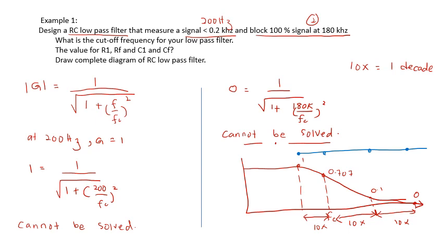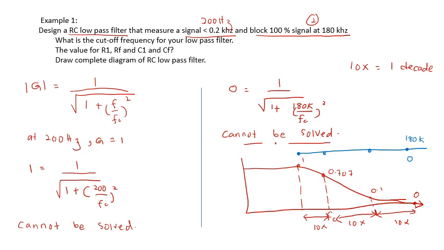Let's say 0 here is not 1.8, it is 180 kilohertz, where the gain is 0.